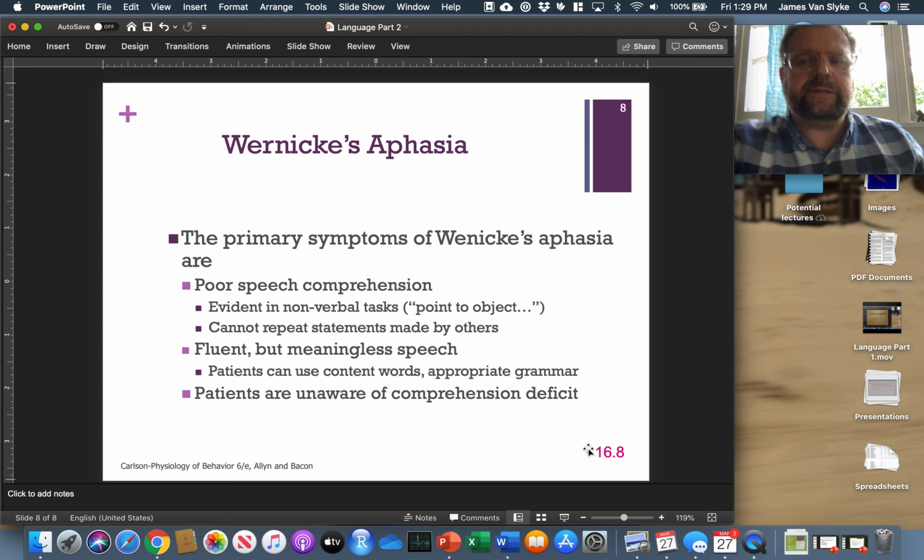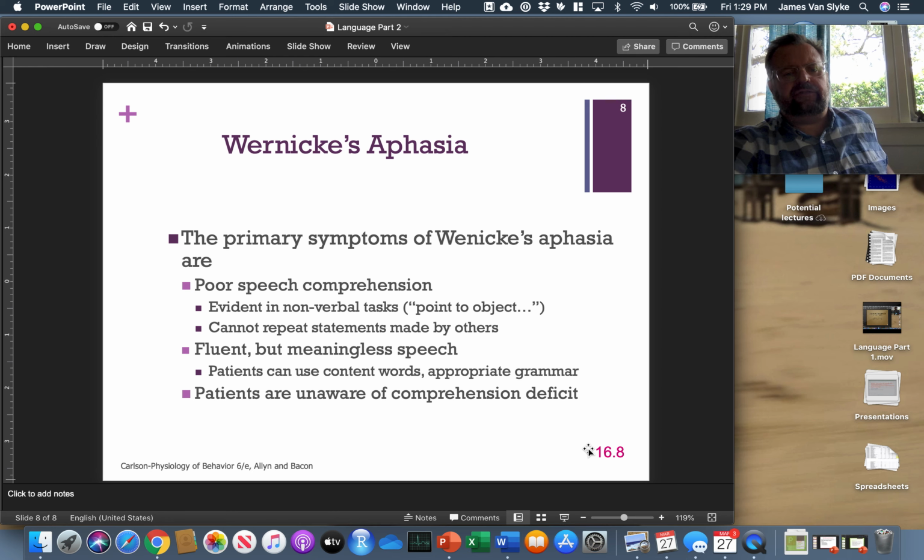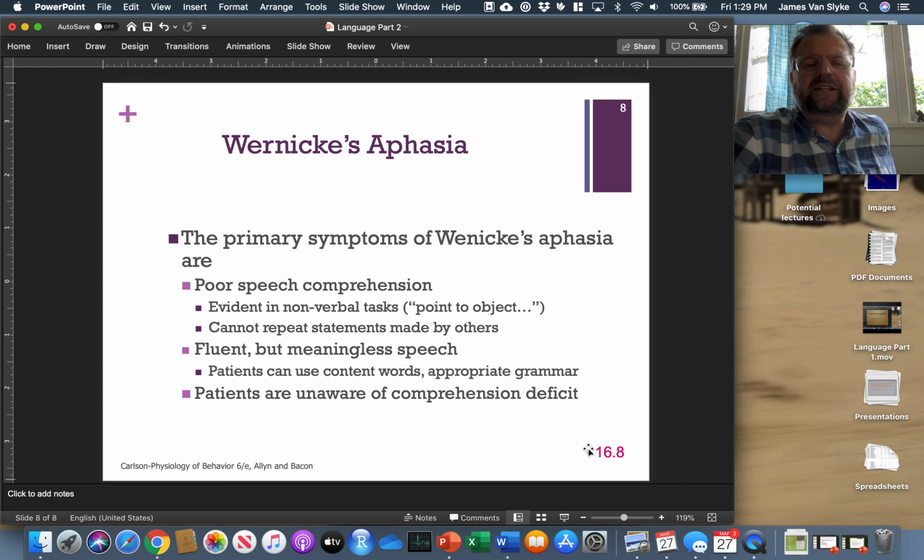Some of the primary symptoms of Wernicke's aphasia are poor speech comprehension. They have difficulty understanding what persons are asking. This is often evident in nonverbal tasks, so they have difficulty knowing what to do based on the words. They cannot repeat statements made by other persons.